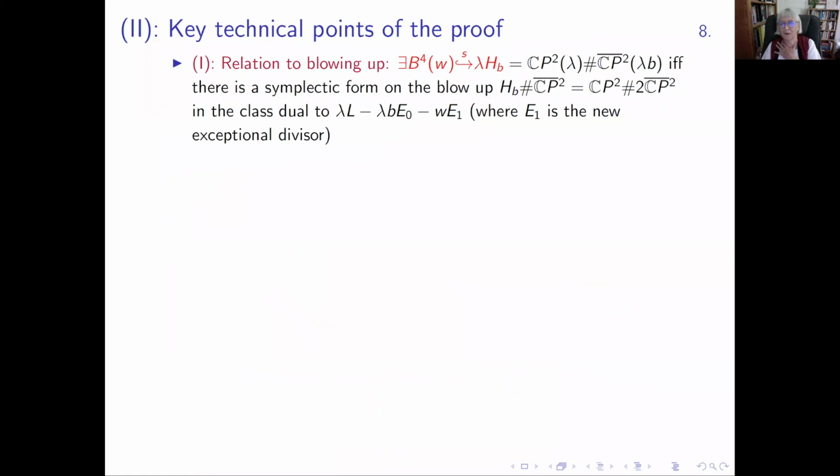So the technical points in the proof: I'm reminding you about how we deal with this problem. First of all, if you have a ball embedding in a four manifold, then that corresponds to blowing up the manifold. If you have a symplectic embedding, you have a symplectic form on the blowup, which is your original form minus W on the new exceptional divisor.